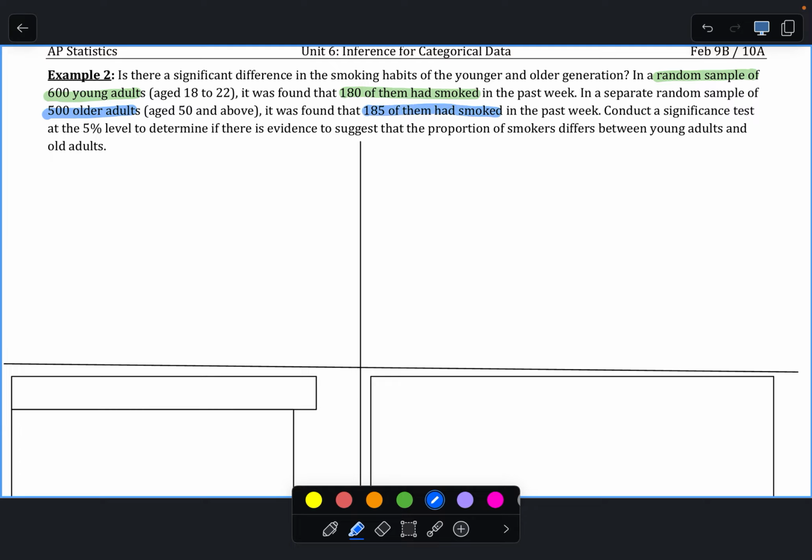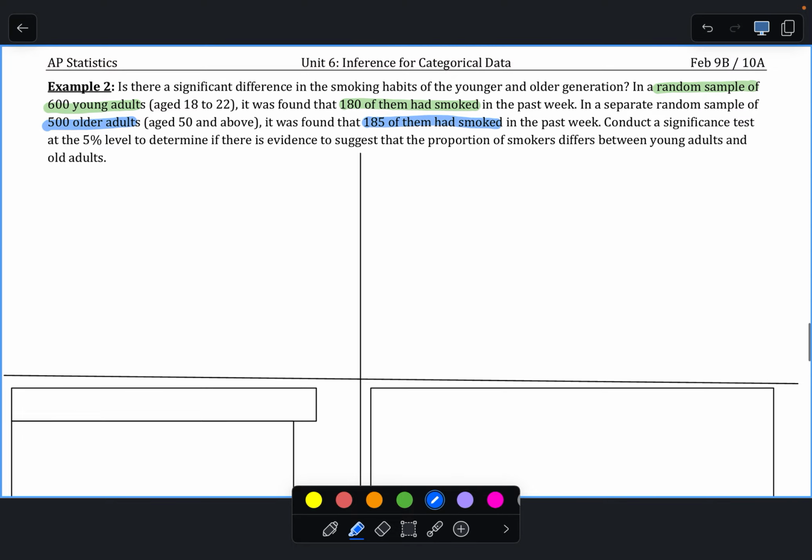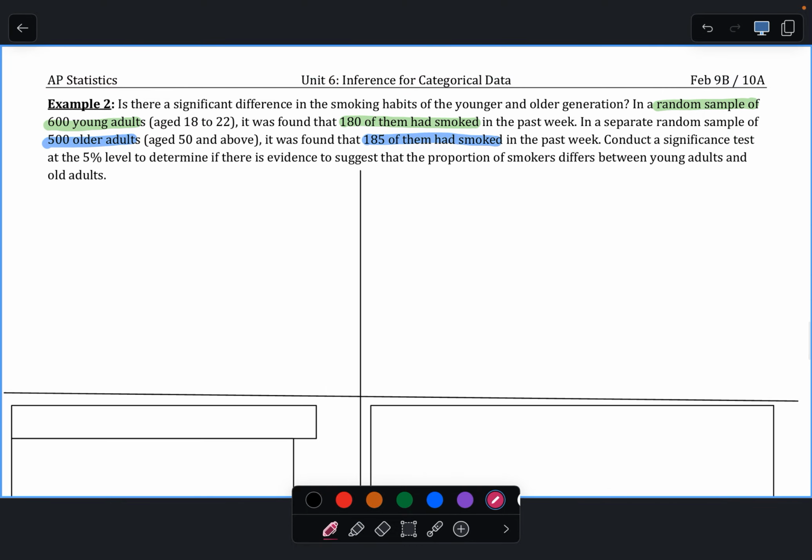So, going through my chain of thoughts: I have 2 samples. Again, it's not something you have to write, but sometimes it's helpful. I can see that they're asking if they had smoked in the past week. So that is a categorical question. Categorical is always going to be a proportion.